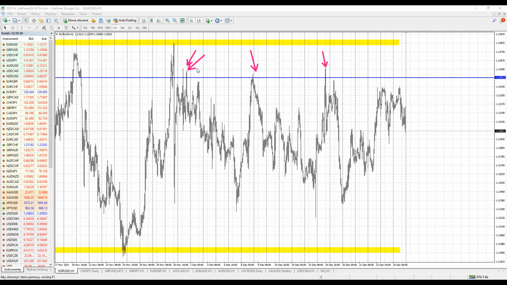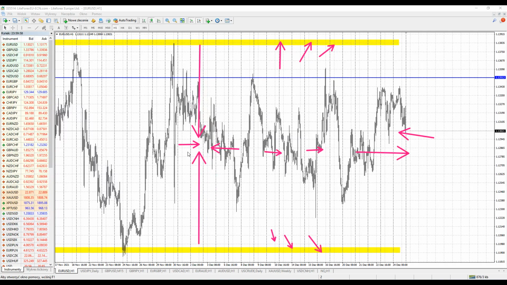For example, if we already recognize the range, the yellow one, and the price is trading somewhere there, I would call it no man's land, because we are 50-50 here. So I wouldn't trade the range or mid-range in that case.